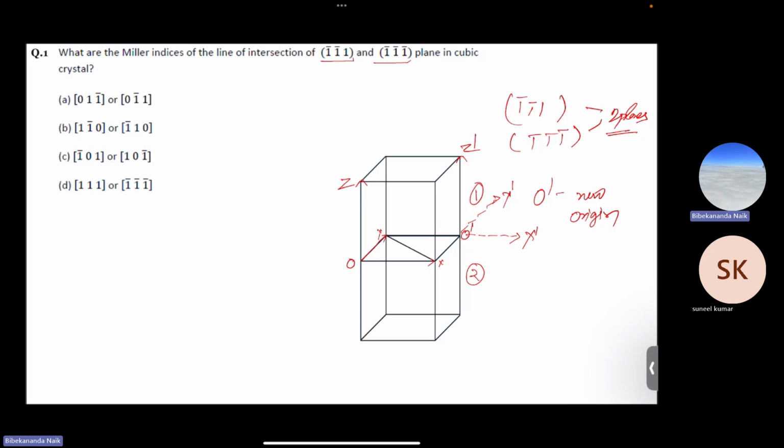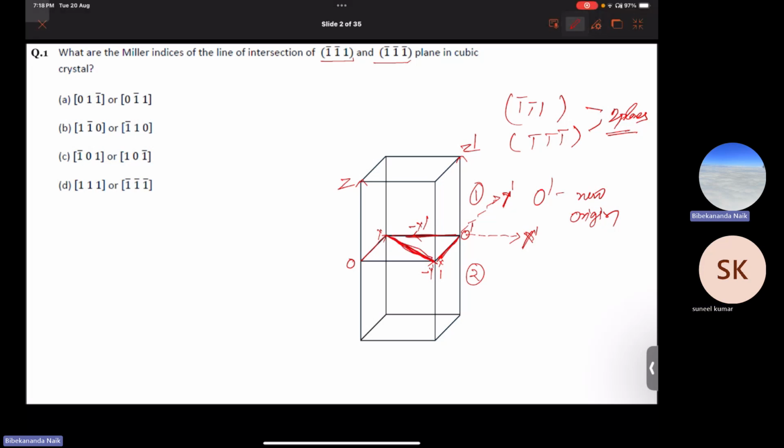So if you see this line, since this is Y prime, this will be minus Y prime. This is X prime. So there are these four lines. This will be minus X prime. This will be minus Y prime. And if we draw the plane (-1, -1, 1), this line will be included.